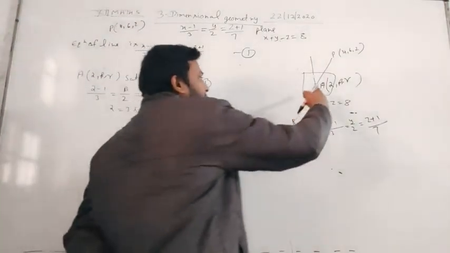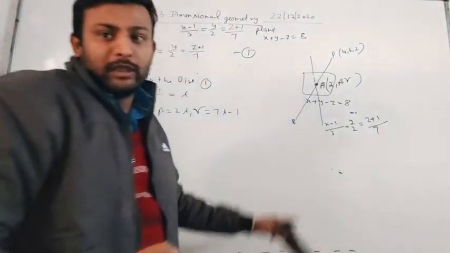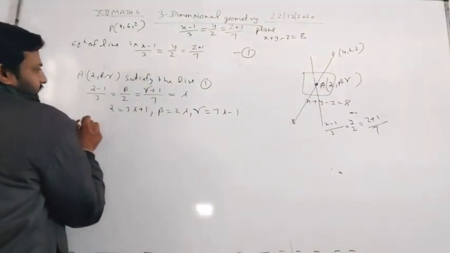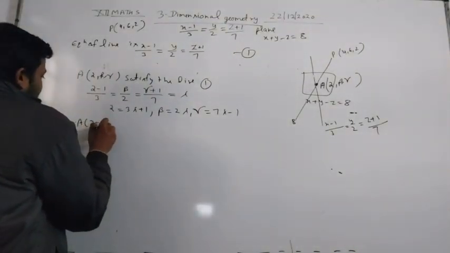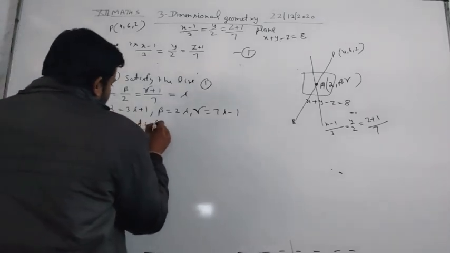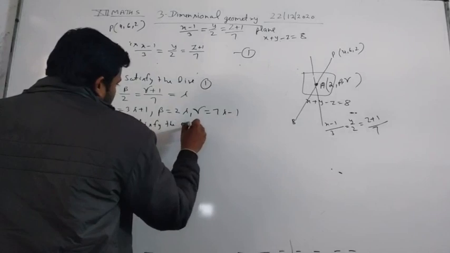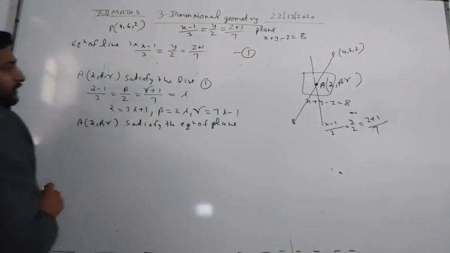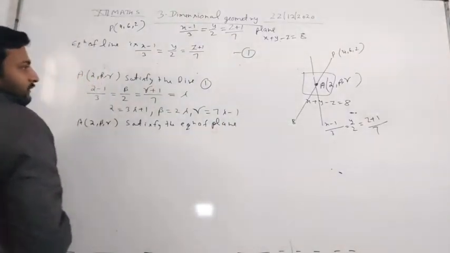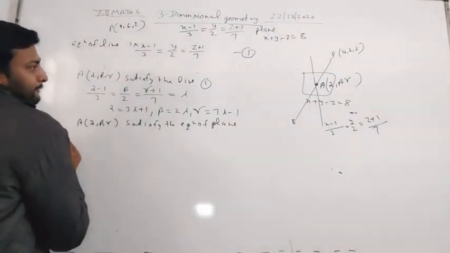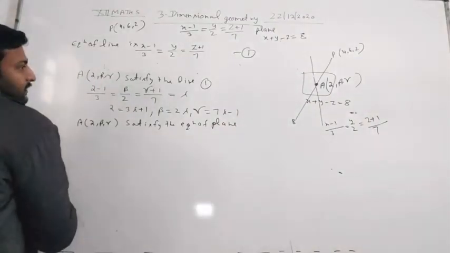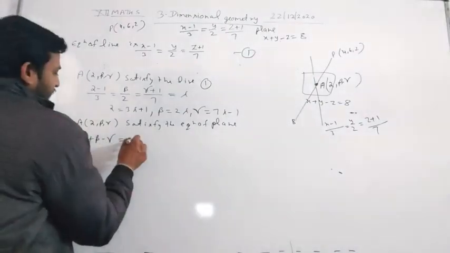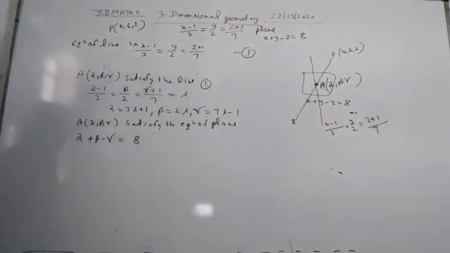Now students, this point is also in the plane, so it will satisfy the equation of the plane also. So point A satisfies the equation of the plane. The equation of the plane will be alpha plus beta minus gamma is equal to 8.